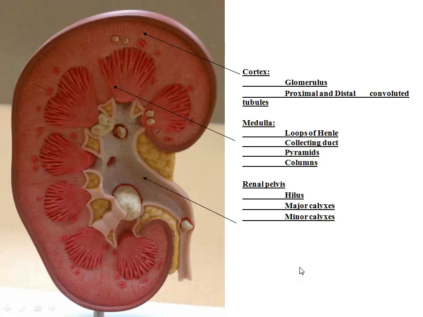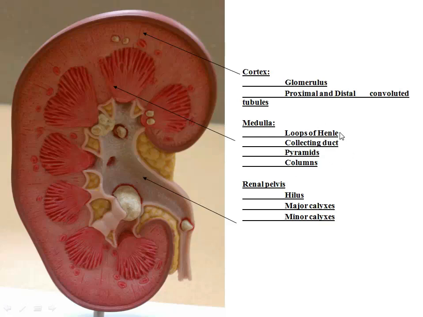Now again here, just to revise how the nephron is arranged in a kidney, in the cortex portion you will find glomerulus, Bowman capsule, proximal and distal convoluted tubules. In the middle pyramidal structure, that is the medulla portions, you will find loop of Henle, collecting duct, then pyramids, that is the large portions, and the columns.